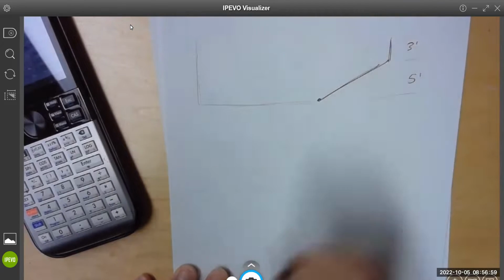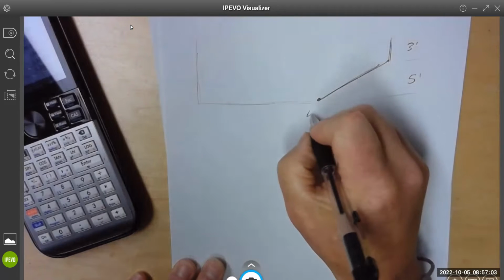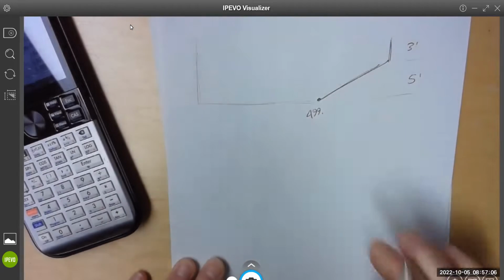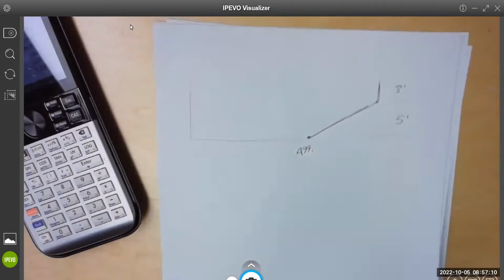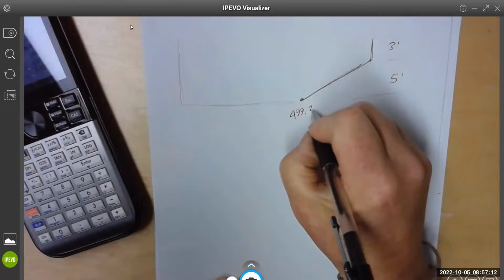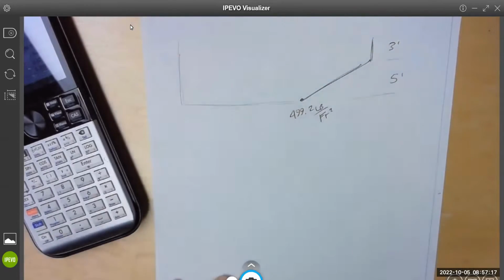We know the pressure at the bottom, right? That's 499.2 pounds per foot squared.